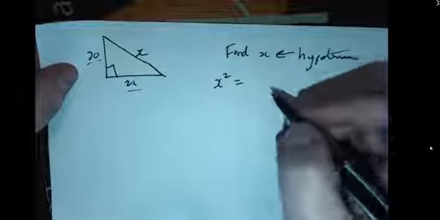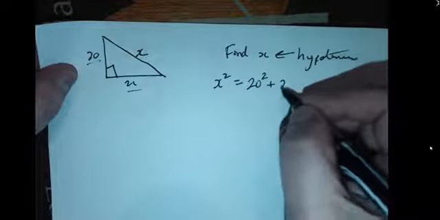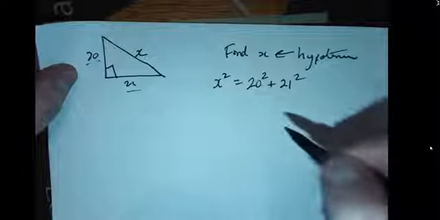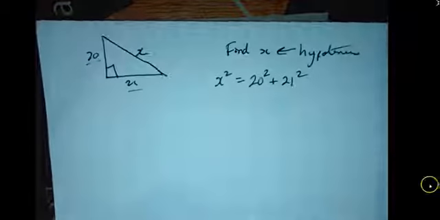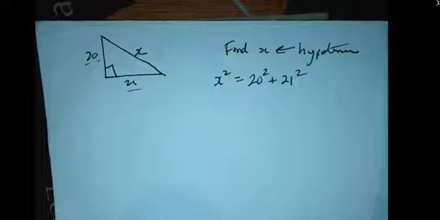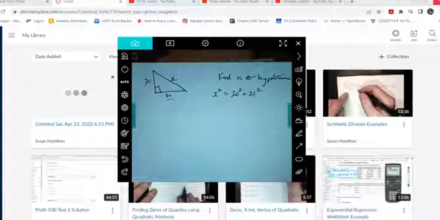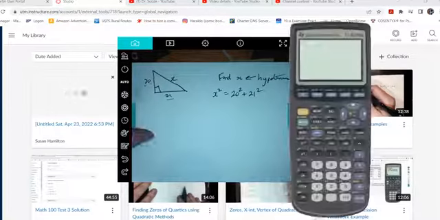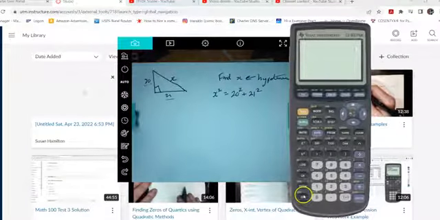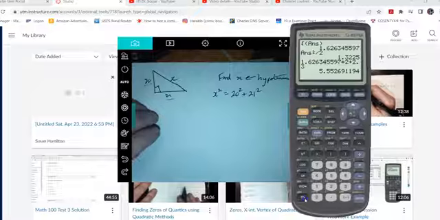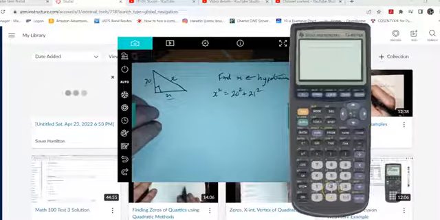It doesn't matter the order. Okay, so let me get my calculator out. Okay, so let's do, clear that out, 20 squared plus 21 squared.